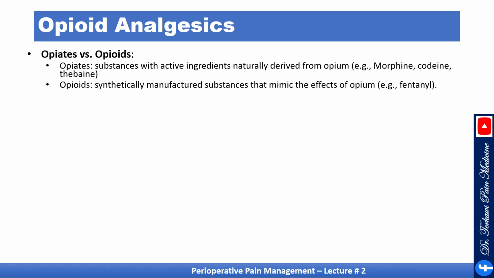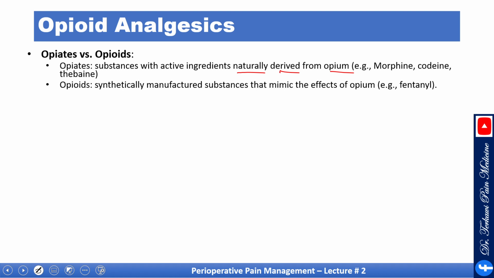Sometimes we hear opiates, and sometimes we hear opioids. So, opiates are substances with active ingredients naturally derived from opium, like morphine and codeine.